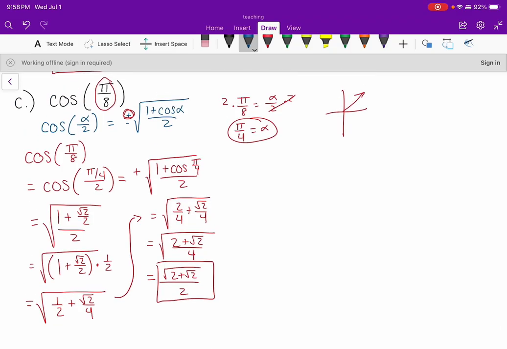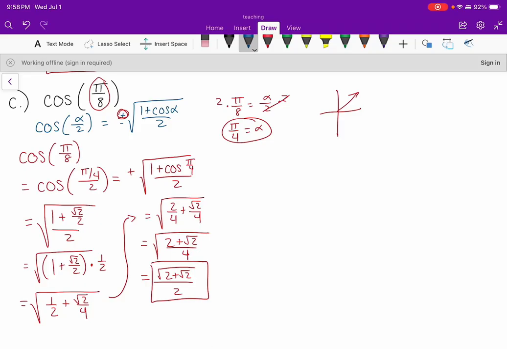I'm just checking my work here, making sure everything looks good. I type in pi divided by 8, and then do cosine of that. 0.99. Oh, I see, I see.